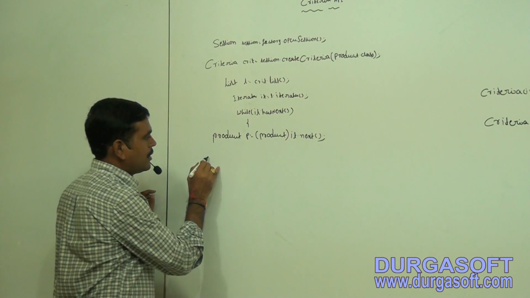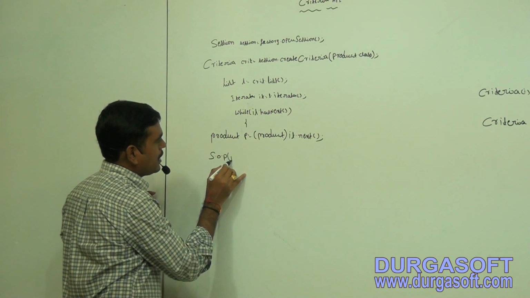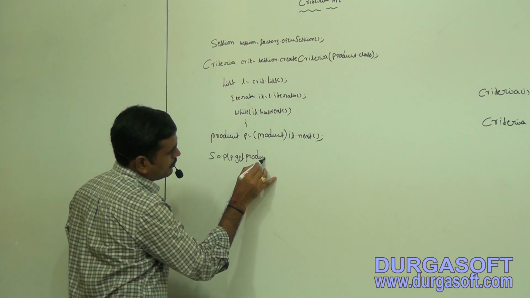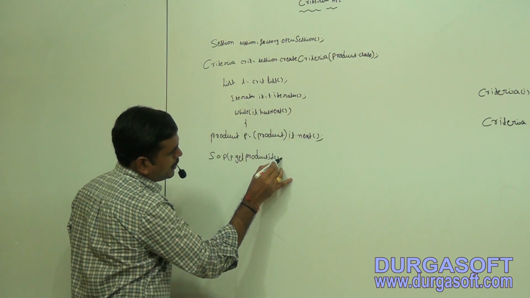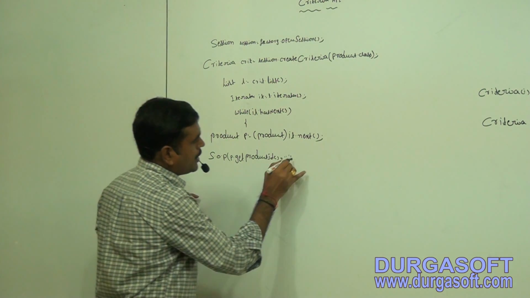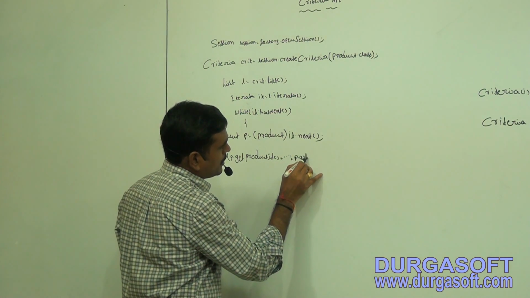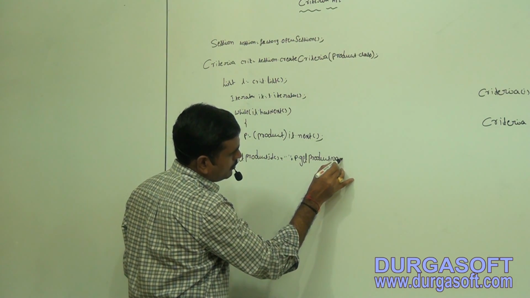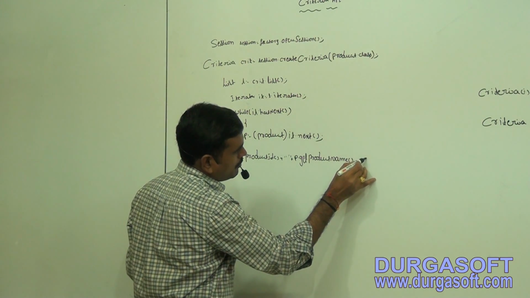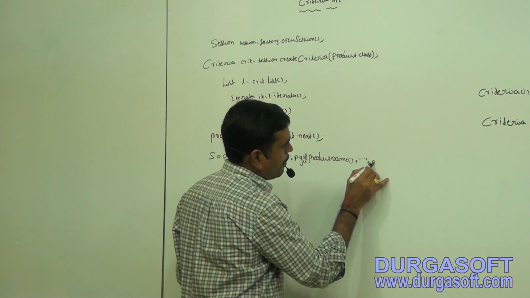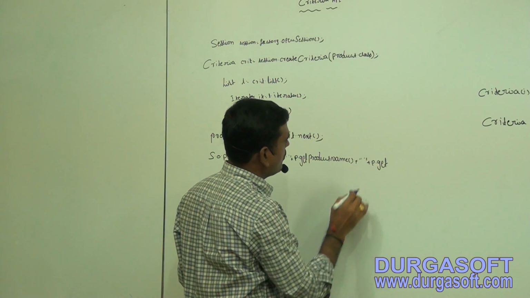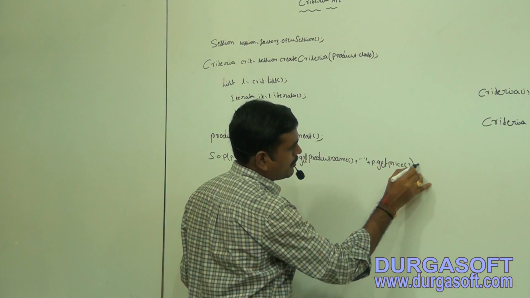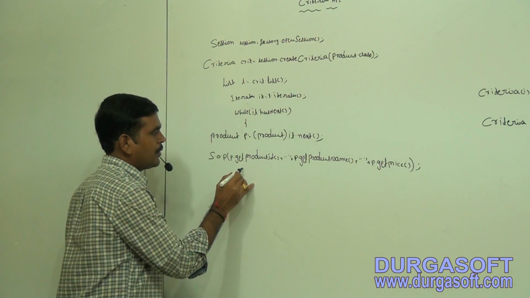Then System dot out dot println p dot getProductID plus p dot getProductName plus p dot getPrice. Then over.